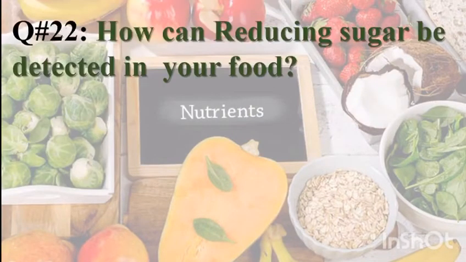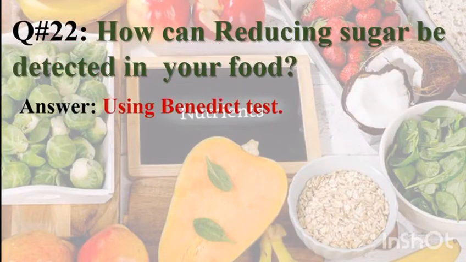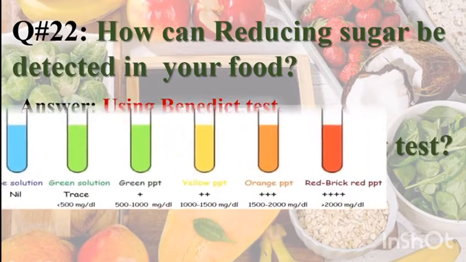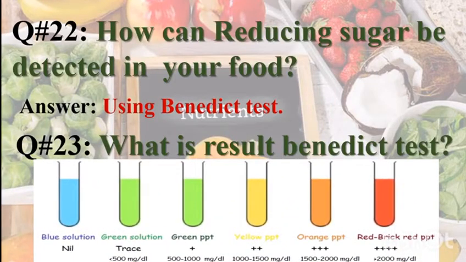Next is, how can reducing sugar be detected in your food? We have already discussed, by using Benedict's test. And what are the reducing sugars? These are glucose, fructose, maltose, and all these compounds. And what is the result of Benedict's test? As you can see here, if the test is negative, then the color of the solution will turn blue.